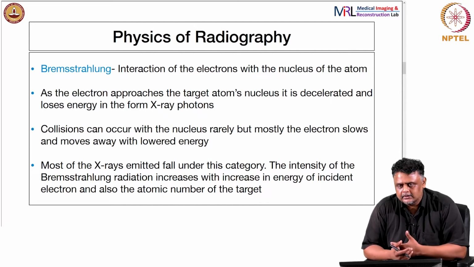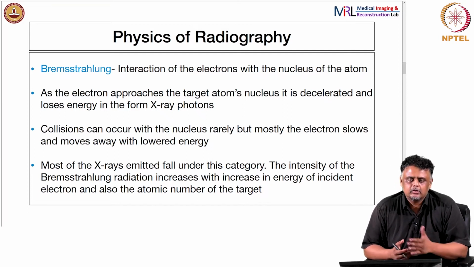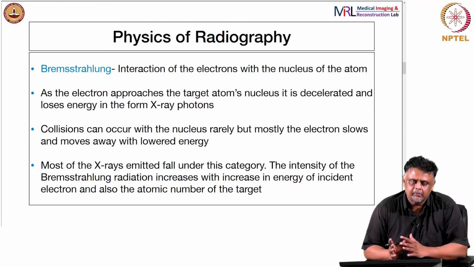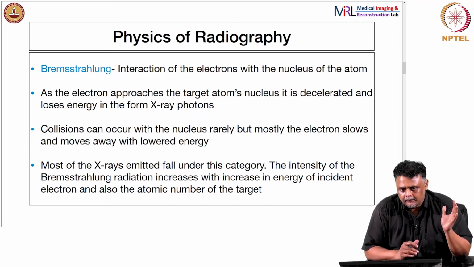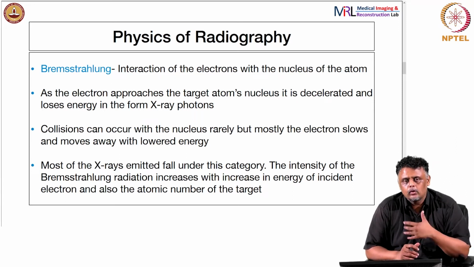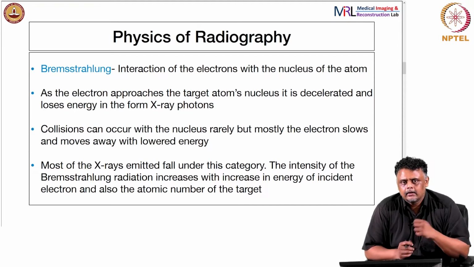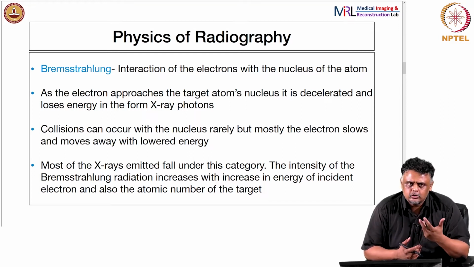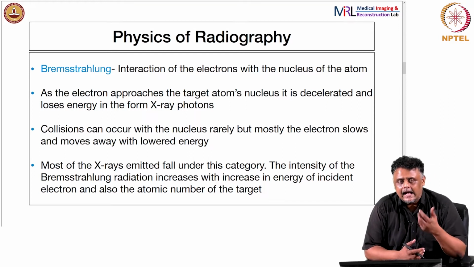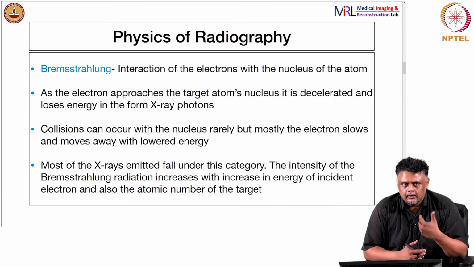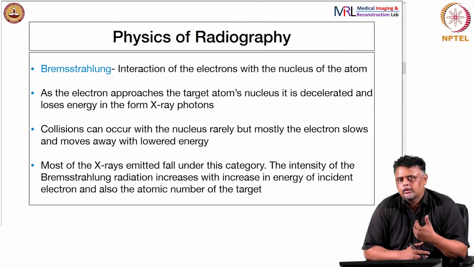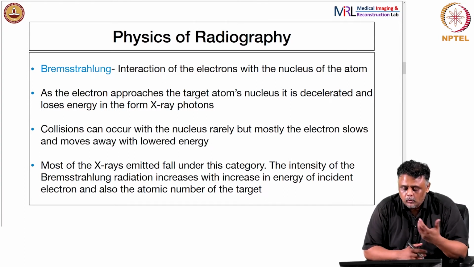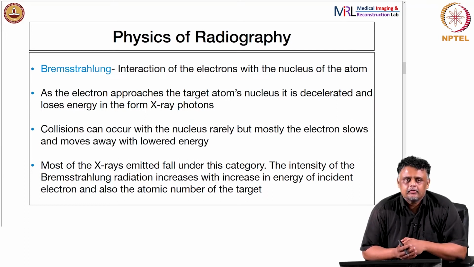So, the continuous parts of the spectrum fall under this principle of breaking radiation, which is emitted when the electrons striking the target are slowed down by the nuclei of the target atoms. Because they are positively charged, they tend to slow the electrons down and change their trajectory. Slowing down also means they are accelerating, so you pull them away from the original trajectory.